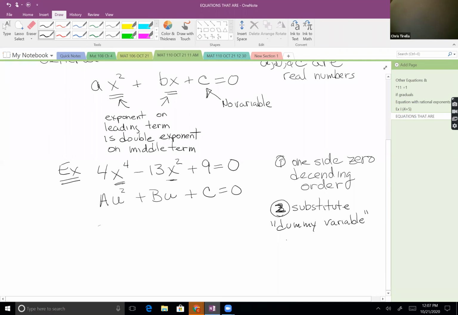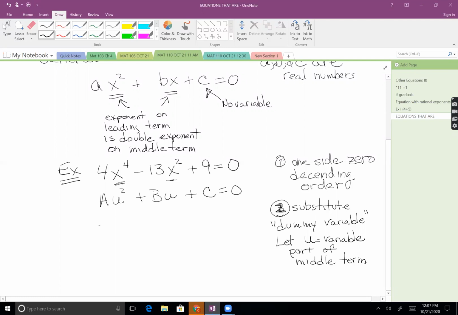We're going to let u equal the variable part of the middle term. So I'm going to say u is equal to x squared.